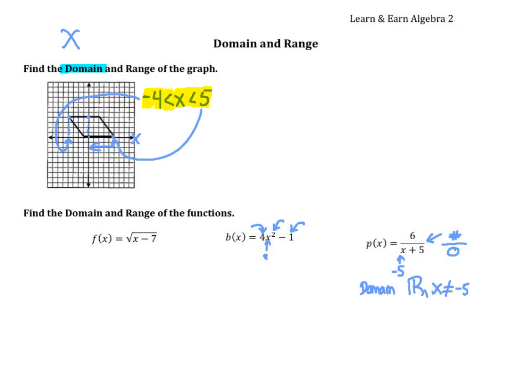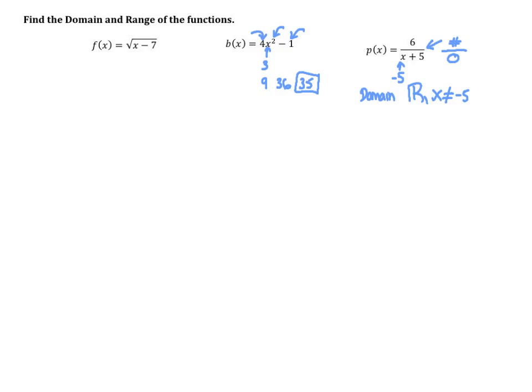So let's pretend I plug in 3. 3 squared is 9. 9 times 4 is 36. 36 minus 1 is going to be 35. You can keep trying numbers, but every single number I plug in is going to get me an answer at the end. So that means my domain is going to be all real numbers.